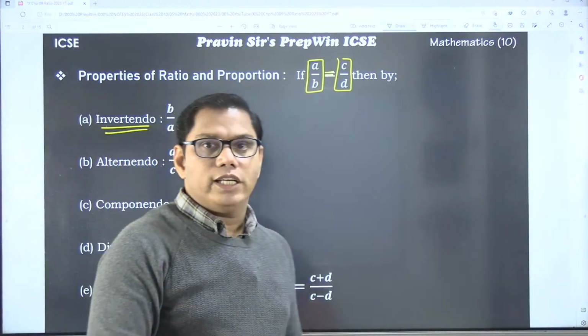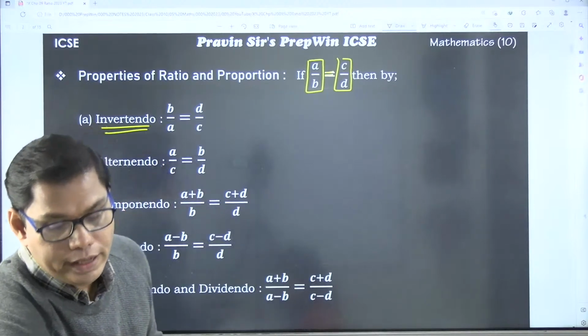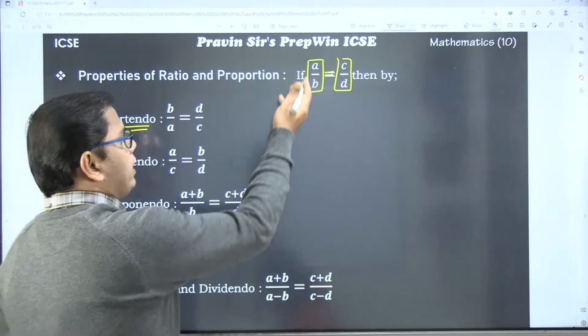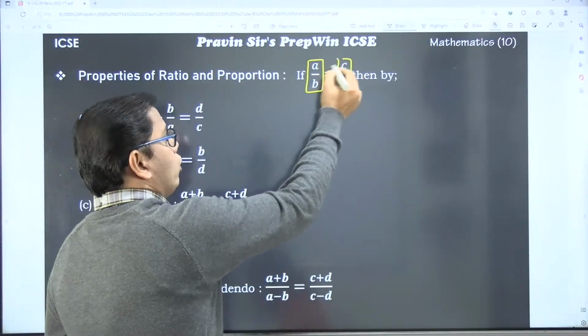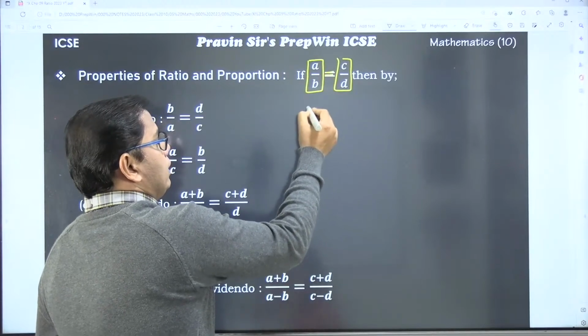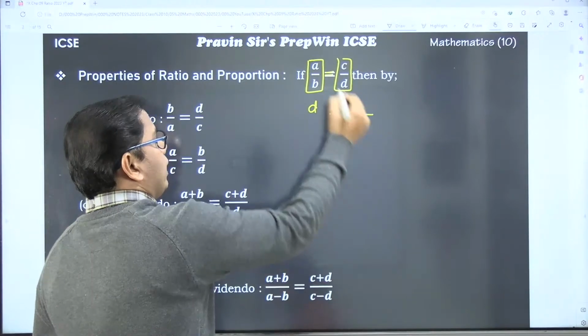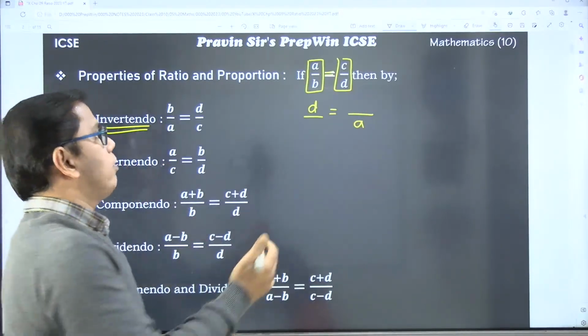Sir, can you prove this property for us? Definitely I can prove the property. How to prove this property? Just cross multiplication. If you cross multiply, what will happen? D will come here, and A will come here. A and D have interchanged their position.